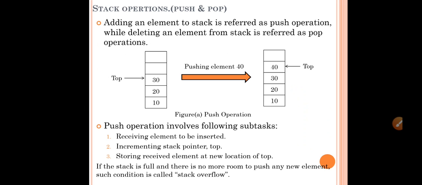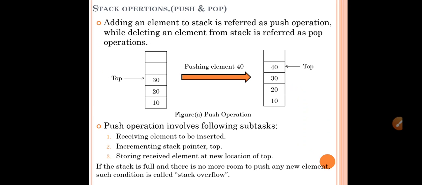The push operation involves the following subtasks: receiving the element to be inserted, incrementing the stack pointer to top, and storing the received element at the new location of the top. These are the tasks before we insert an element to the stack.